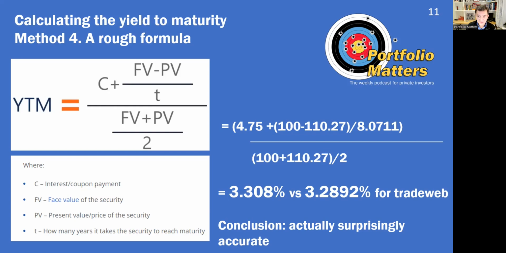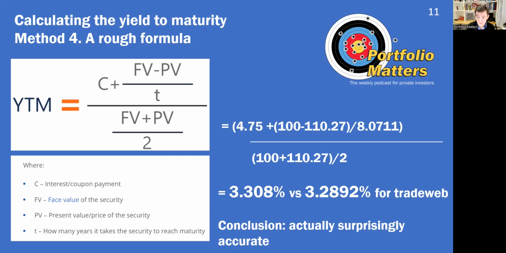And all that is then divided by the face value, the par value, plus the market price divided by 2.